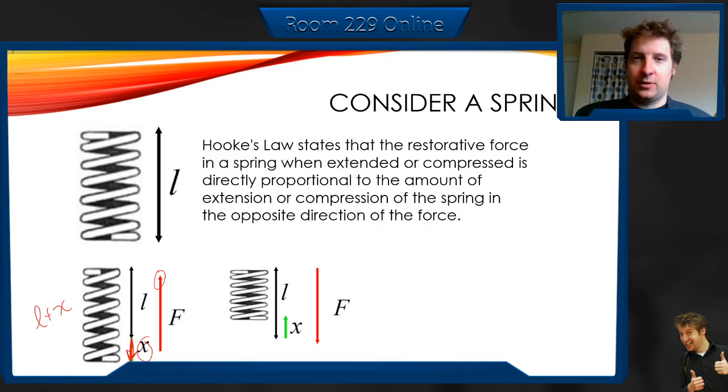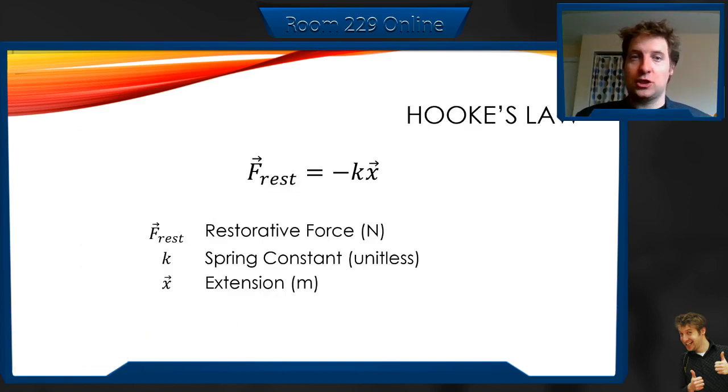All right, so we've learned this already. This is Hooke's law, that the force, the restorative force measured in newtons, is proportional. That's not correct. That's newtons per meter. Okay, sorry. So the spring constant is newtons per meter, and that allows us to make a proportionality, right?